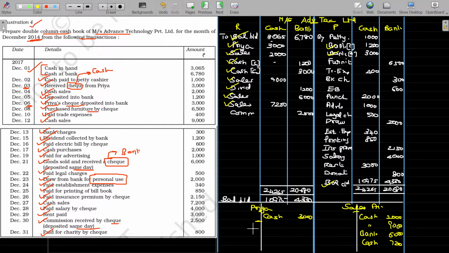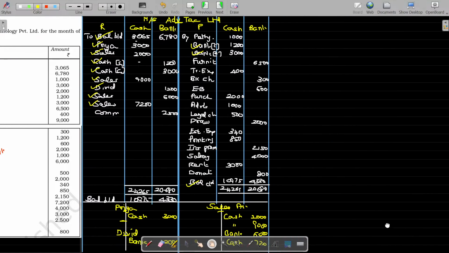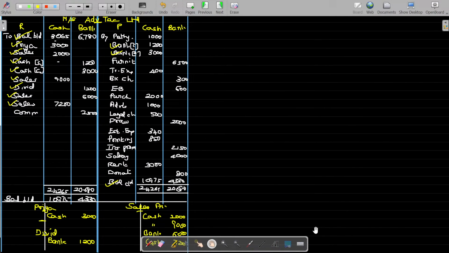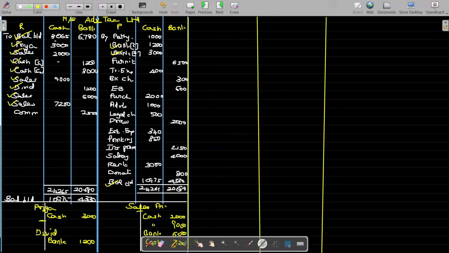Now dividend. In the credit side, by bank, 1,200. Now let's proceed further.